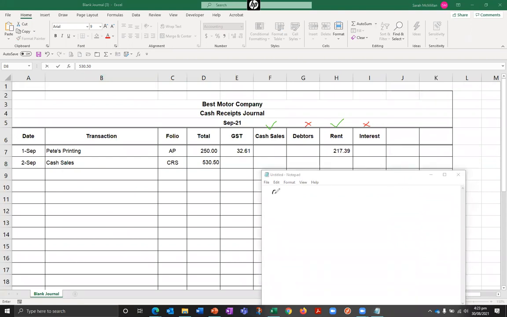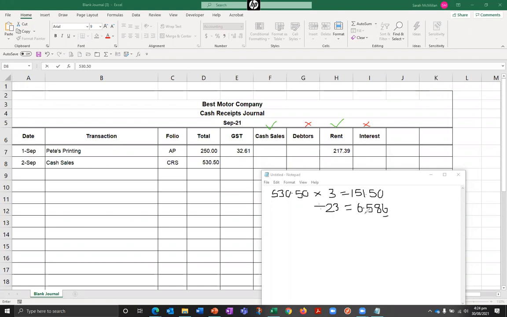So $530.50 times 3 equals $151.50. Divide that number by 23 and you get $6.58.